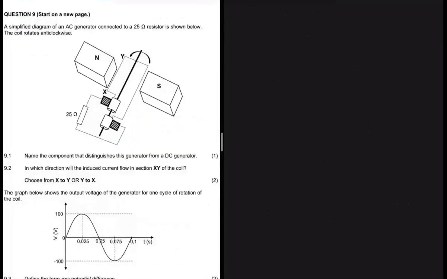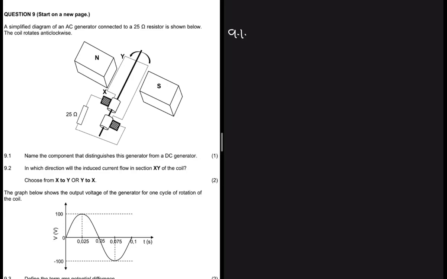A simplified diagram of an AC generator connected to a 25 ohm resistor is shown below. The coil rotates anti-clockwise. And then 9.1 says, name the component that distinguishes this generator from a DC generator. This is clearly an AC generator, and we are even told so. Why are we saying that it's an AC generator?